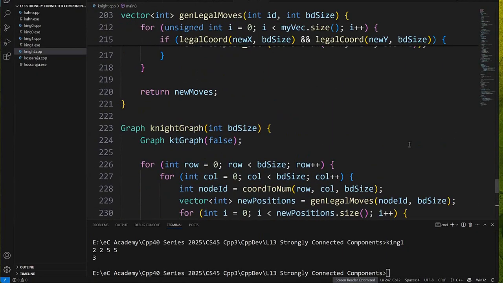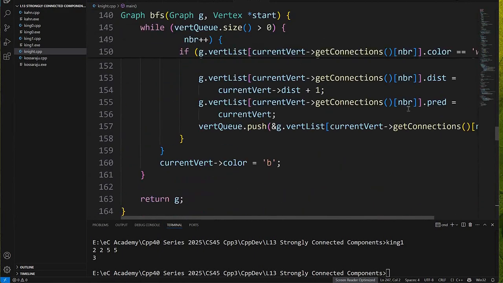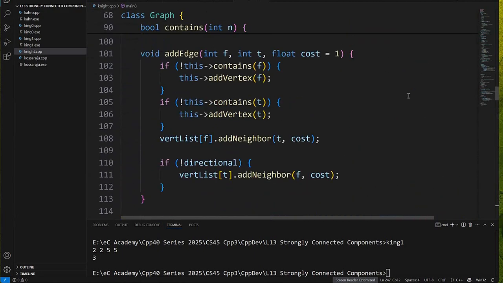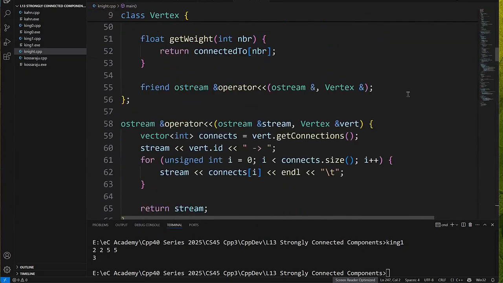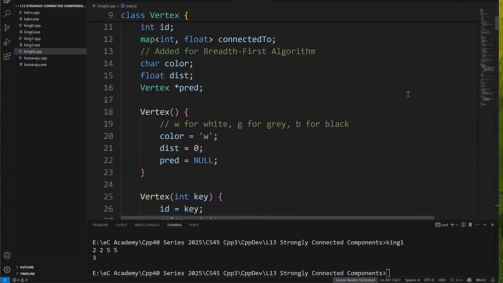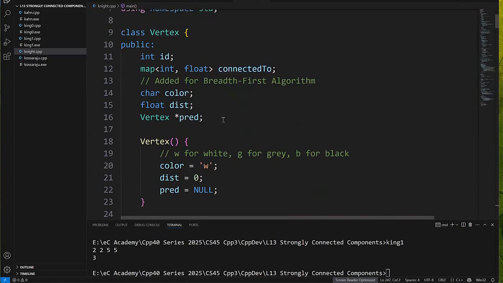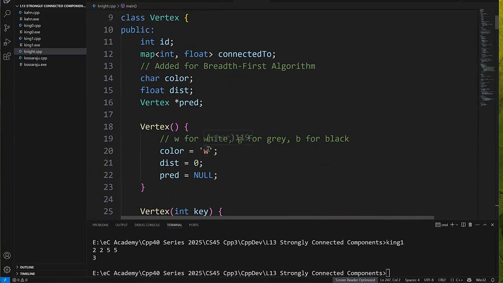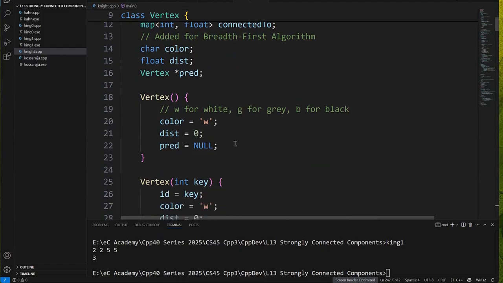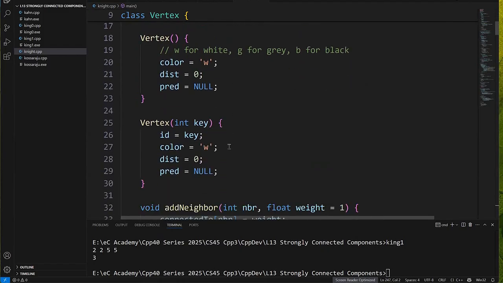Okay, so basically this, you have a vertex. Each vertex has its ID and a map connected to its nearby node that you can connect it to. Okay, so vertex, you have the color of the place, and also you have the connected nearby node.